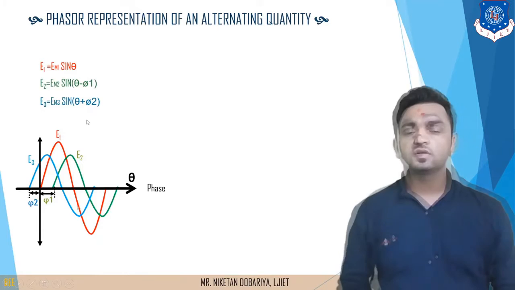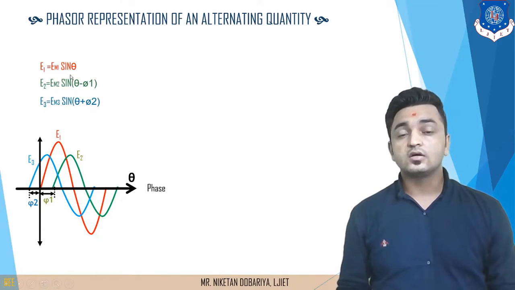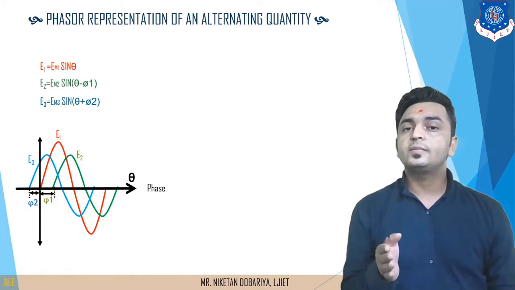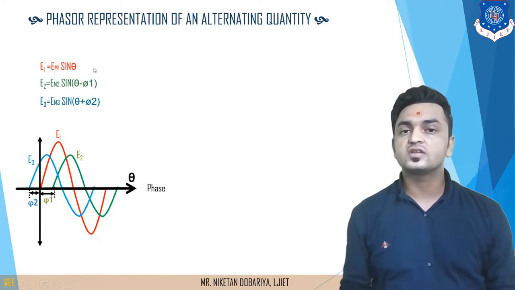So simply remember that in the given equation, in sine theta, if there is no angle after theta, meaning phi is equal to 0 as shown in the first equation, the waveform will start from 0.